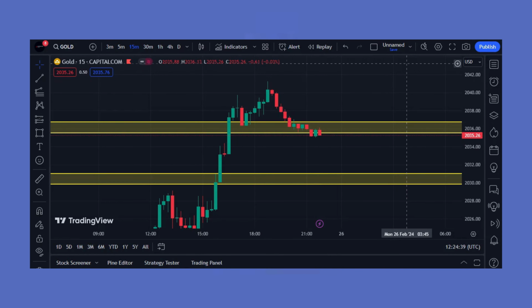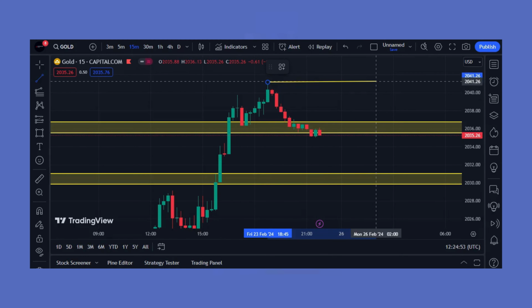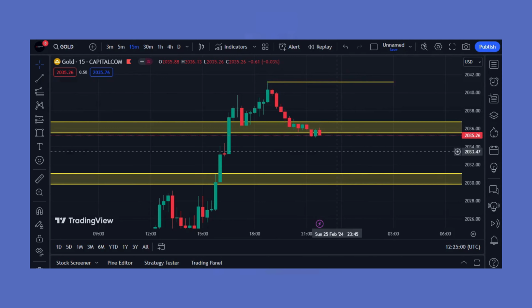If that information correlates, then I'll start looking for entries from the depreciation and appreciation levels. My appreciation level here is somewhere here. I know that once the price gets to this level, that's where I'll start looking for entries to the upside.